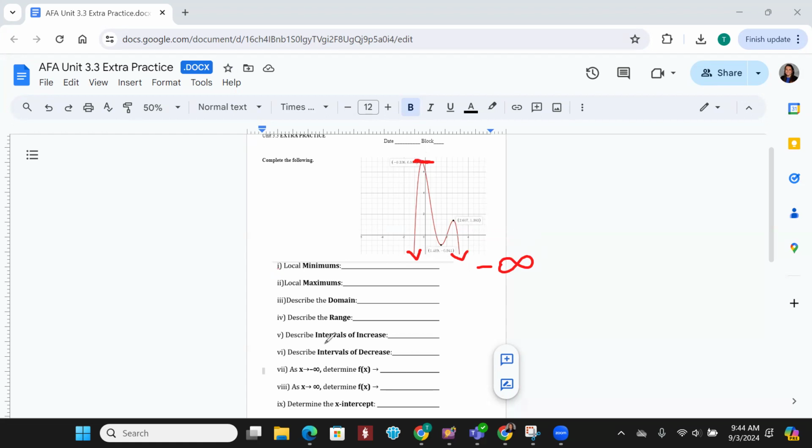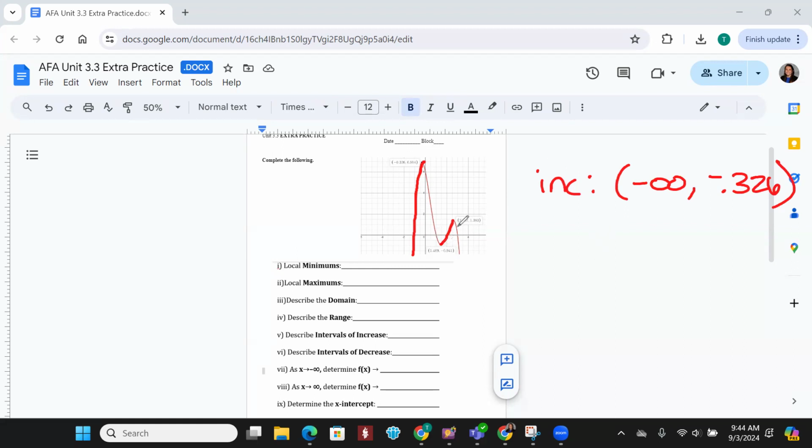Now, for increase and decrease, increase is when it's going up, decrease is when it's going down. We're going to increase from here to here, increase from here to here. We're using the x values to describe increase and decrease. So when we increase, we're going to go from negative infinity to negative 0.326. That's the x value for right here.